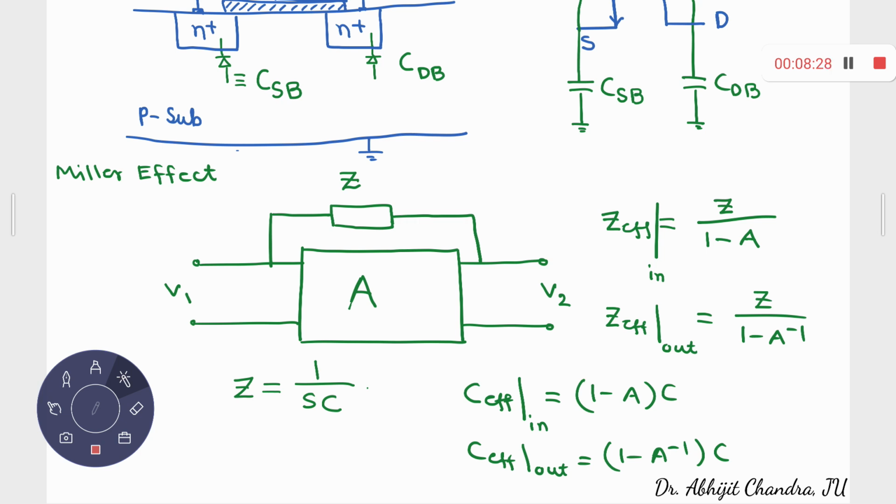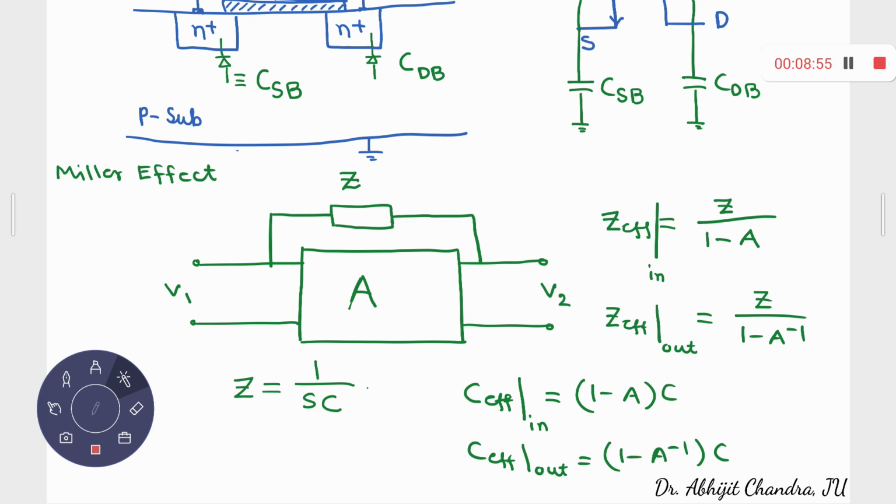Suppose we are interested in finding out the effective value of this Z between these two terminals. You already noticed that value is given by Z upon 1 minus A, where A is the gain of the amplifier. Similarly, on the output side, that is nothing but Z upon 1 minus A inverse. Now typically for an amplifier, A is large, so A inverse is small. So in that case the Z effective out is almost equal to Z.